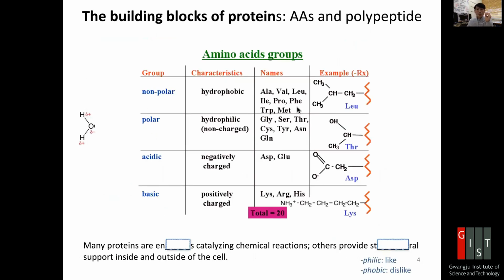So let's discuss a little more about these amino acid groups. The property of this R group side chain determines the property of the amino acid. So we can regroup them into non-polar and polar, and acidic and basic. Non-polar means the characteristic is hydrophobic. Hydro means water, phobic means dislike.